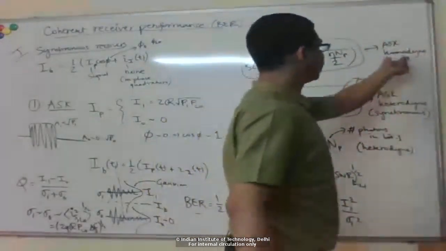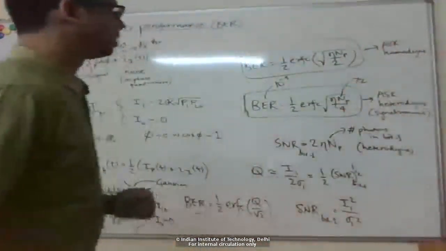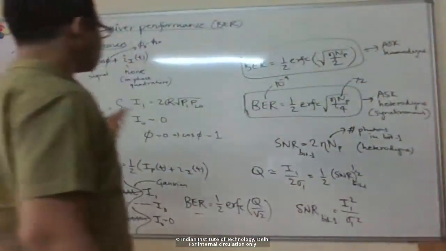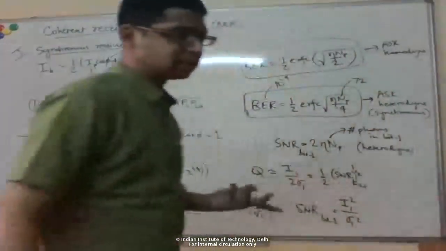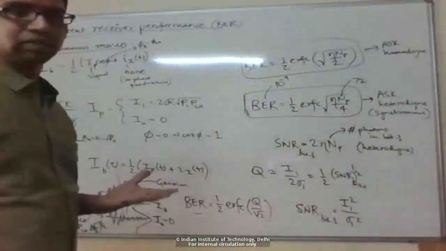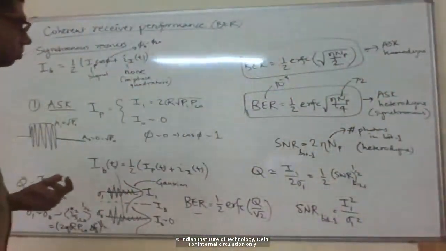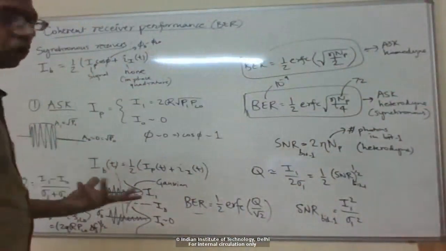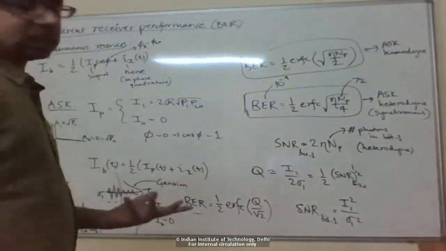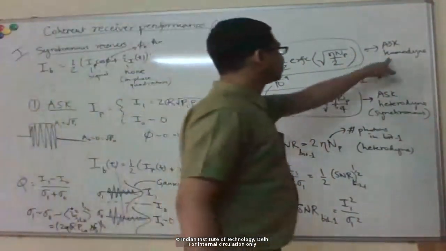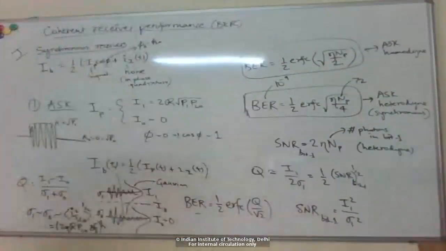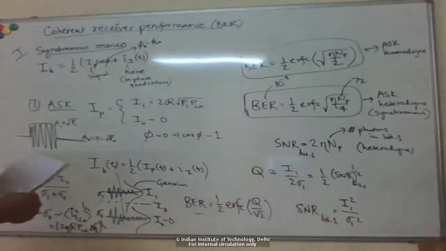And homodyne by definition is synchronous. You need to recover the carrier and the phase, because you need to lock the local oscillator's carrier and phase to the received signal. So it's by definition synchronous. There is no asynchronous homodyne.